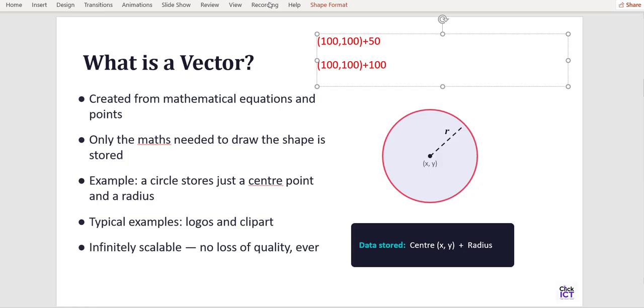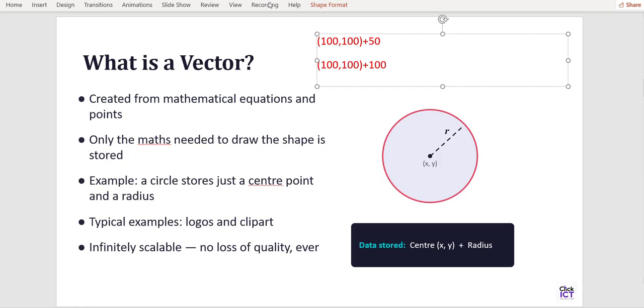So from this discussion, we understand that vector images are resolution independent. What does it mean? They do not have a fixed resolution, and for this reason they don't lose quality, because they are stored as mathematical formulas rather than a fixed number of pixels.